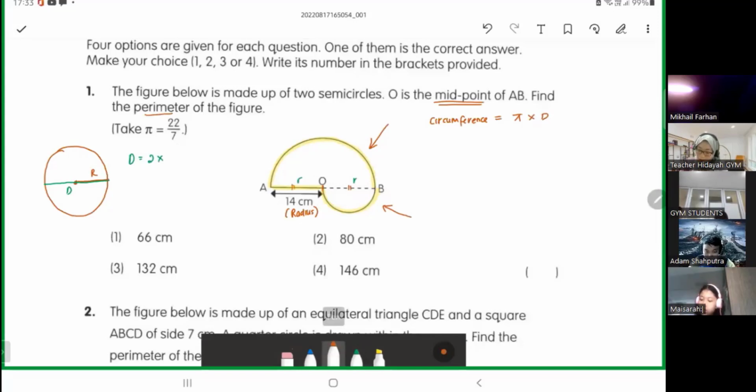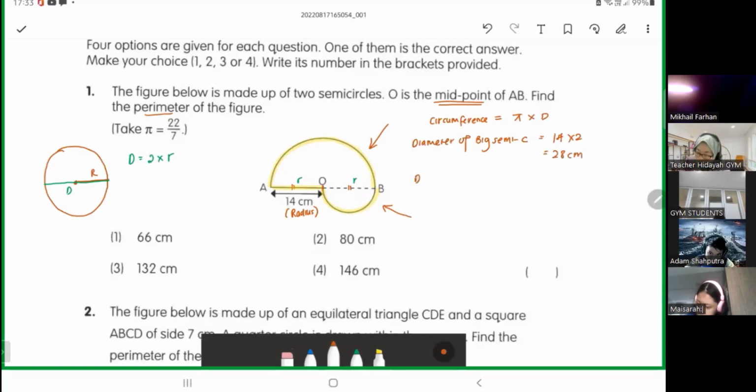Now can we find the diameter of the big semicircle? Diameter of big semicircle equals 14 times 2, equals 28 centimeters. Now, we know this is the big one.